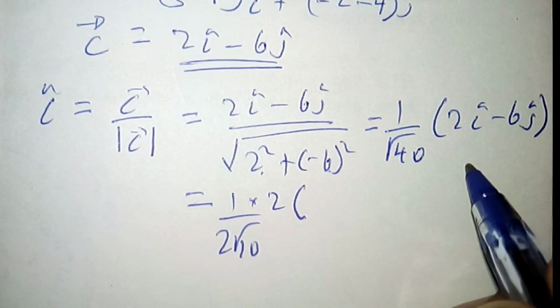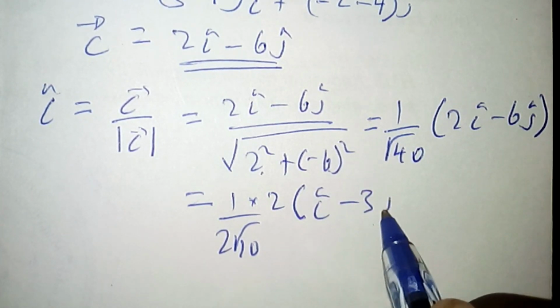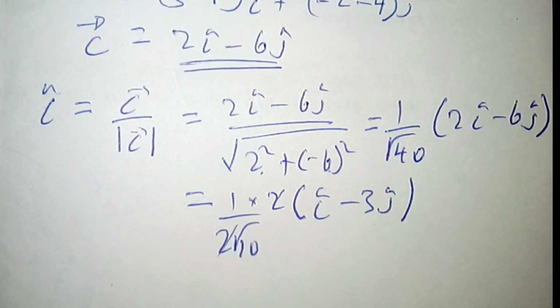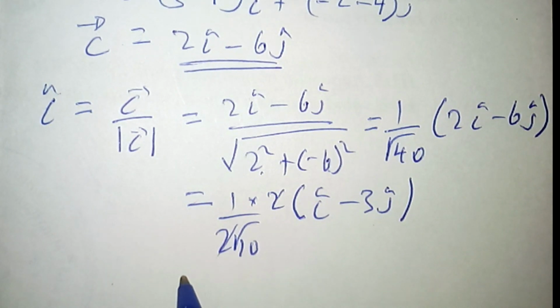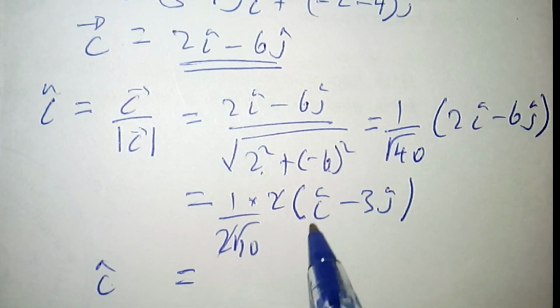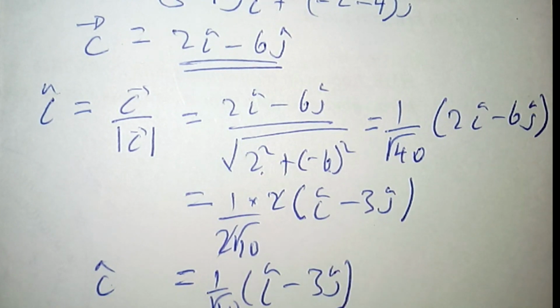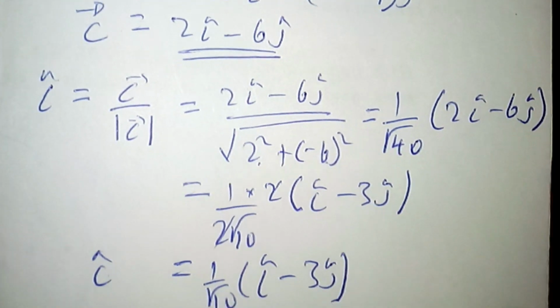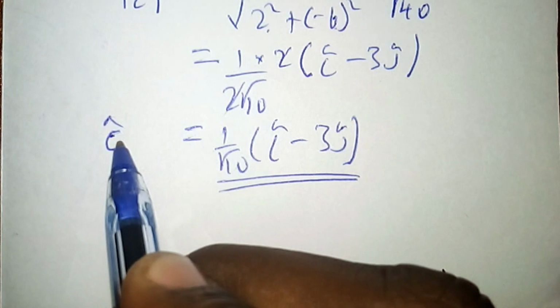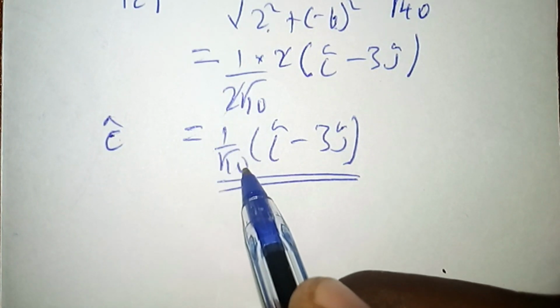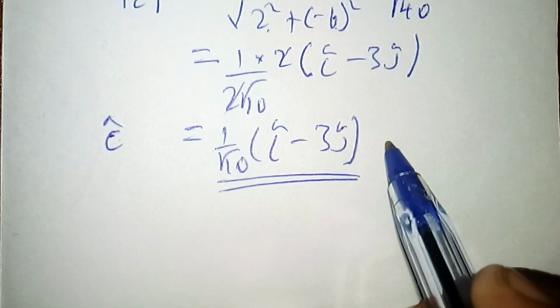That is 2 into i minus 3j, and these two cancel each other, and we are left with the unit vector C is 1 over radical 10 times (i minus 3j). So the unit vector of C is equal to 1 over radical 10 times (i minus 3j).